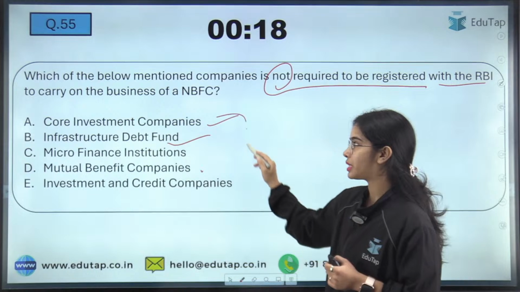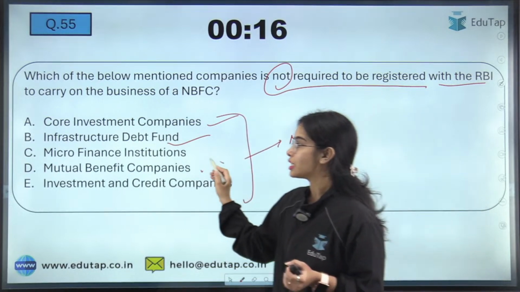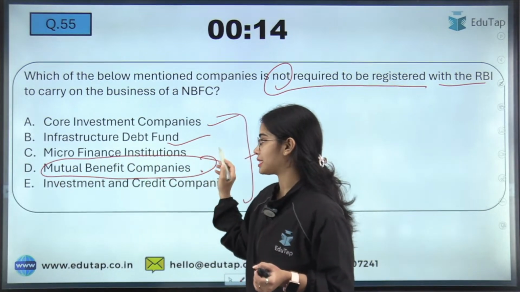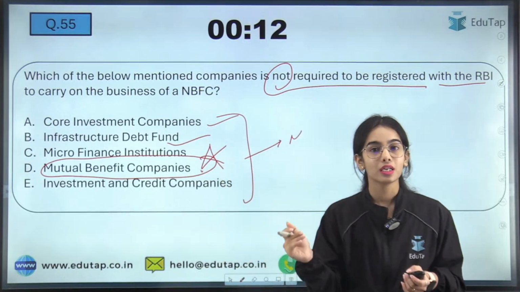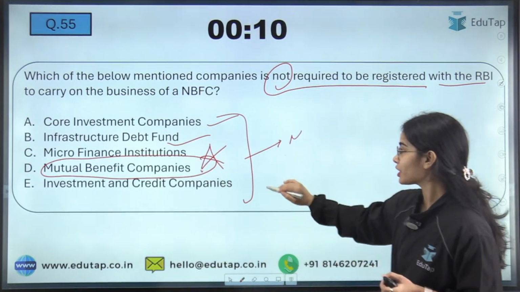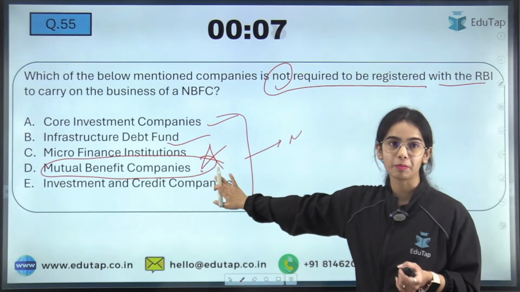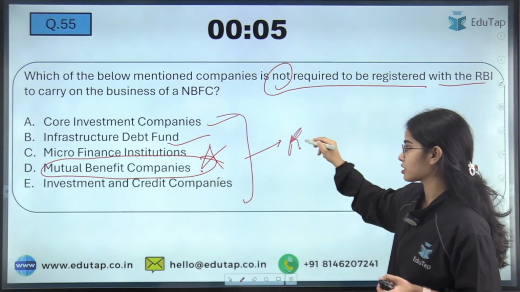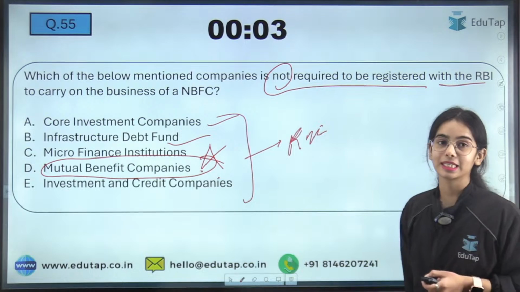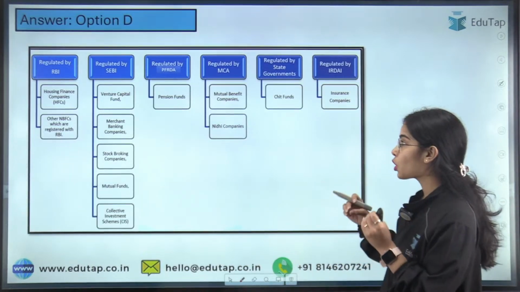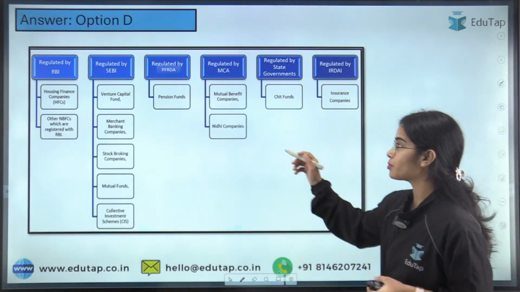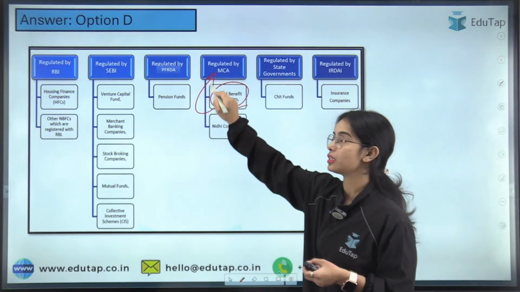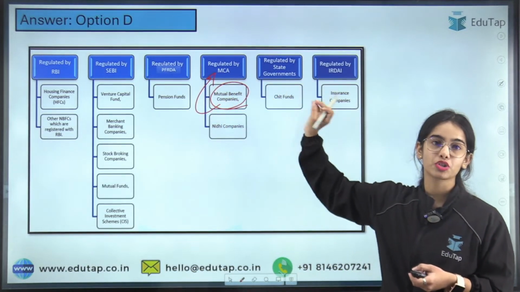All of these companies have to register as NBFCs, just mutual benefit companies do not have to register with the RBI. All of them except the mutual benefit companies have to register with the Reserve Bank of India. Mutual benefit companies register with the MCA, the Ministry of Corporate Affairs.